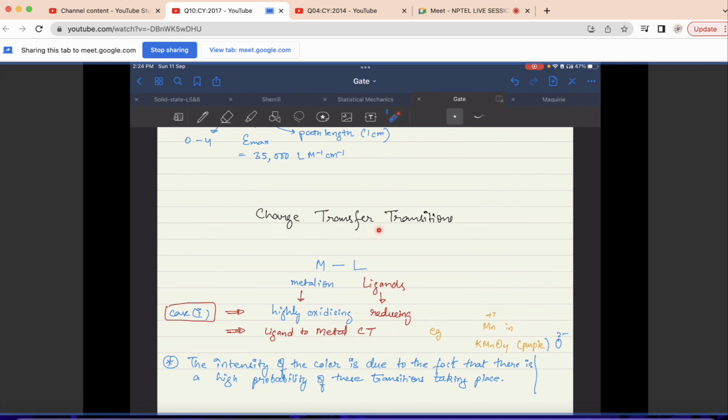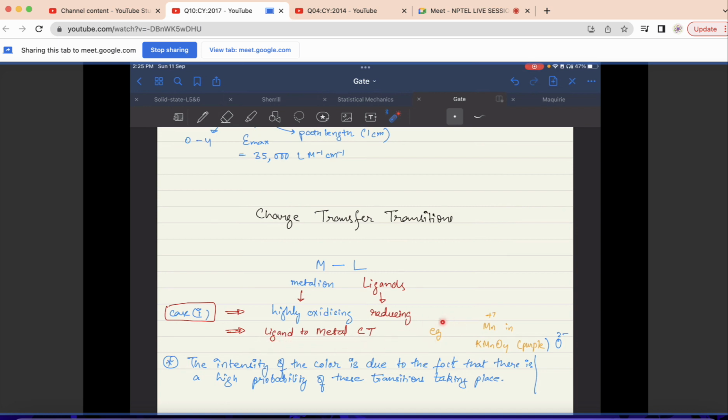So the charge transfer transition, particularly for the LMCT, if we talk about it, is between the metal orbitals and the ligand orbitals. When the metal ion is in a highly oxidizing state and my ligand is in a reducing state, this case will be referred to as ligand to metal charge transfer.